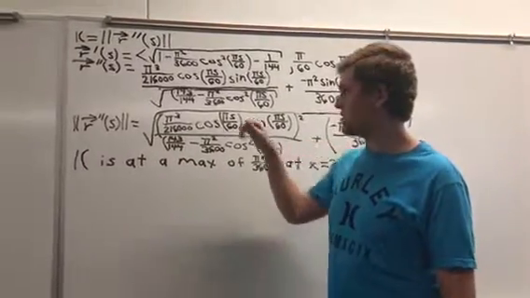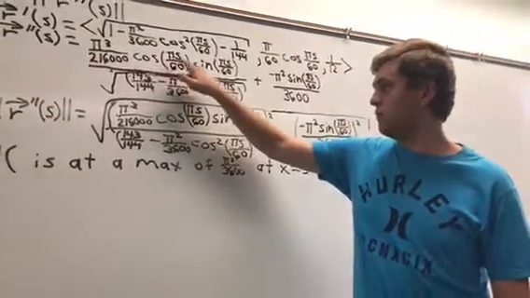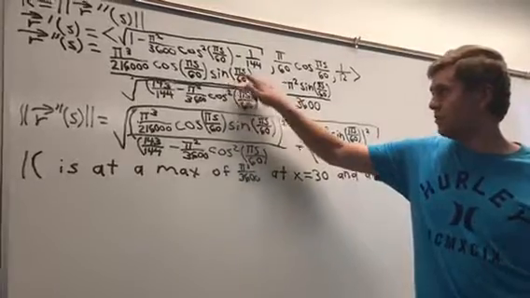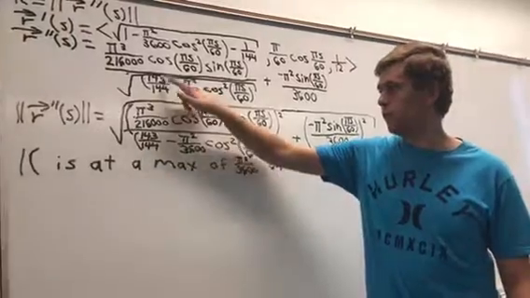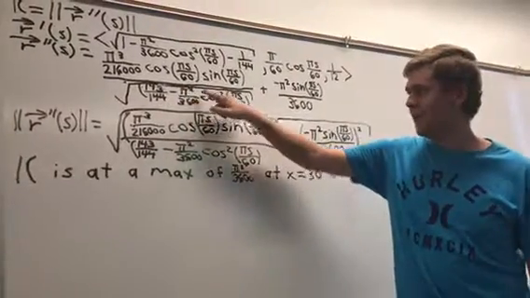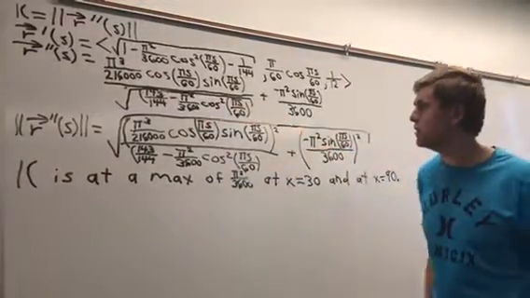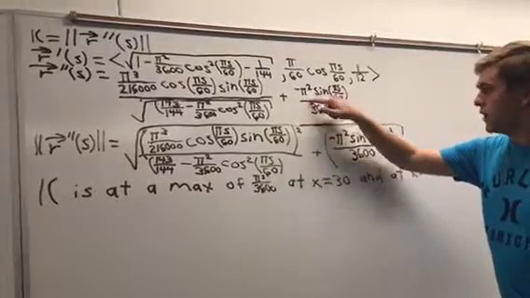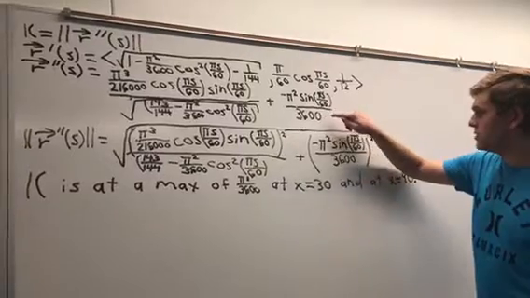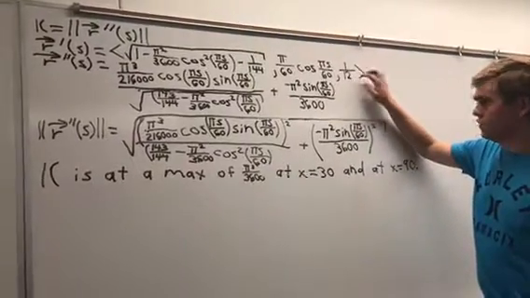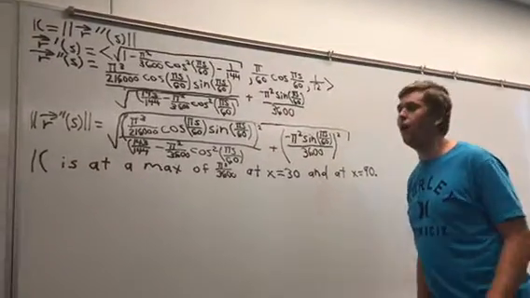And you get a final result of pi cubed over 216,000 cosine of pi s over 60 sine of pi s over 60 all over the square root of 143 over 144 minus pi squared over 3600 cosine squared of pi s over 60 for the x component, plus negative pi squared sine of pi s over 60 all over 3600 for the y component, and then the z component, since it is a constant, when we take the derivative of that, it becomes 0.